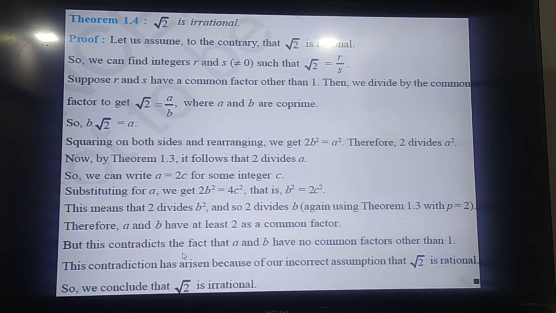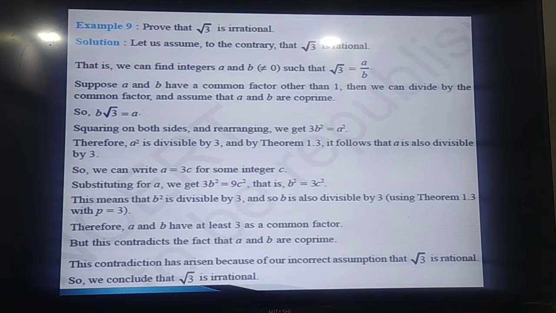A and b are coprime means that a and b have no common factor other than 1. But here a and b have at least 2 as a common factor. So it contradicts what we said. So the assumption that root 2 equals a by b is contradicted, and it means that root 2 is not equal to a by b. We conclude that root 2 is not a rational number.